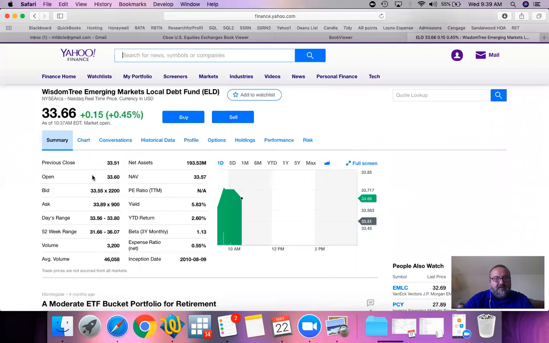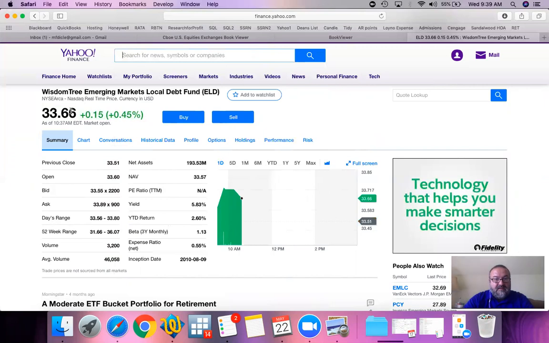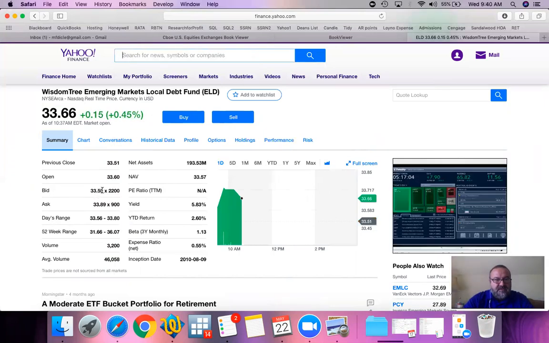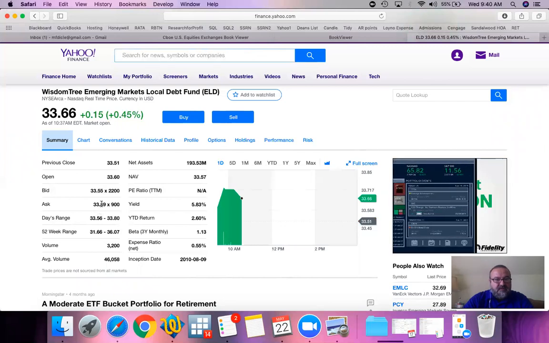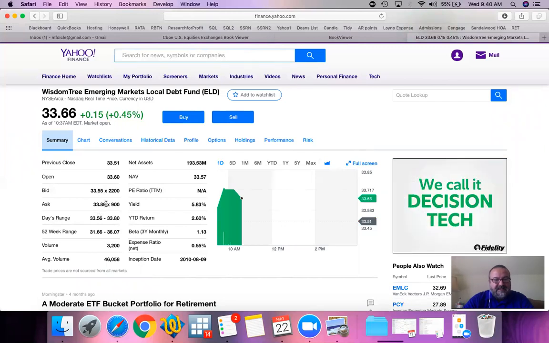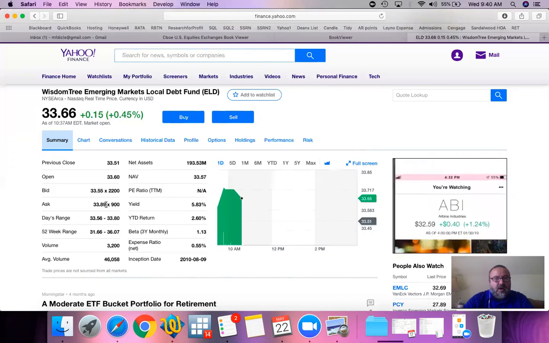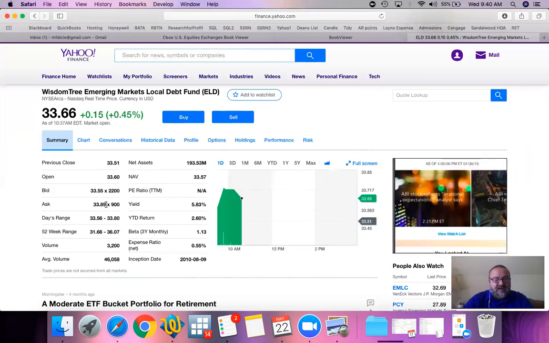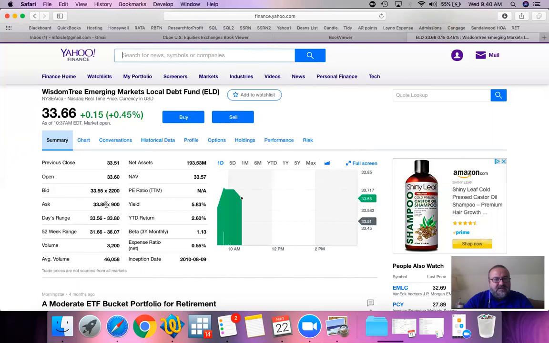I've been talking about this ELD in other videos. This is the Emerging Markets Local Debt Fund ETF. Notice the bid price is $33.55 and the ask price is $33.89. So that's a 34 cents spread. That's a very low liquidity.